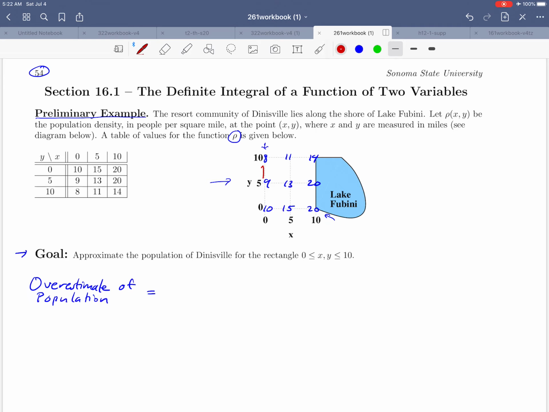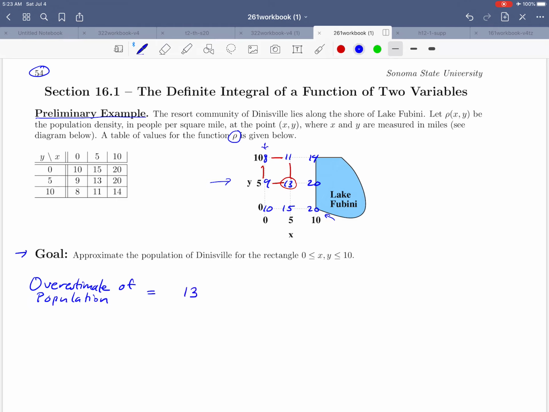So starting with the square that I'm highlighting here, what if we wanted to overestimate the population just in that one square? Well, if I want an overestimate, I'm going to look at the biggest population density, which in that case would be 13 at the lower right-hand corner, and assume that the population density is 13 over that entire subsquare.